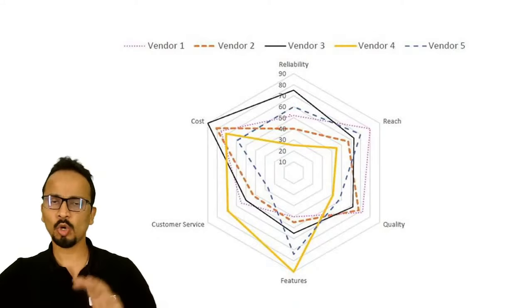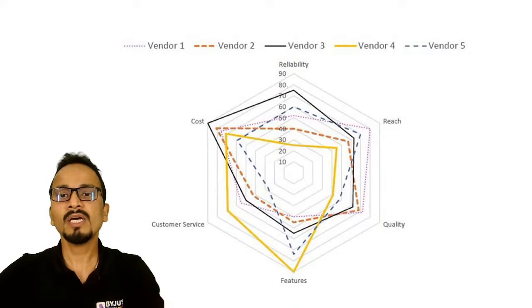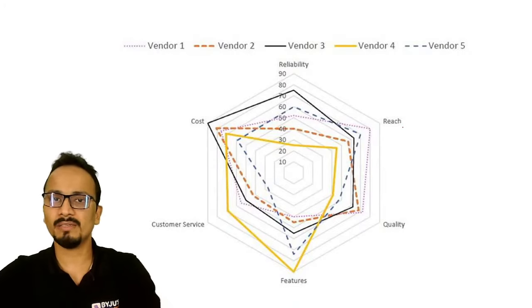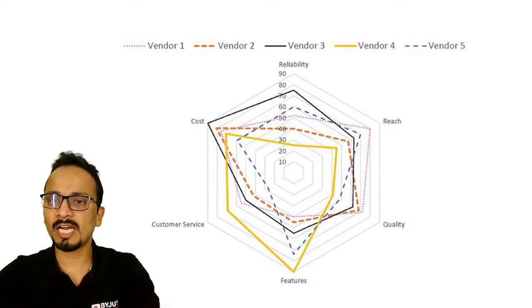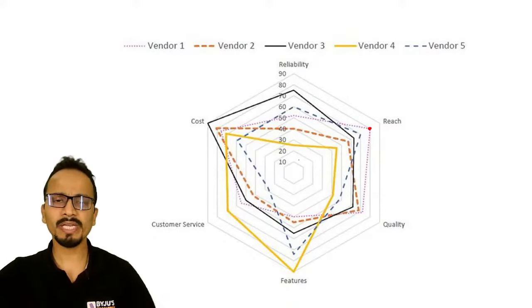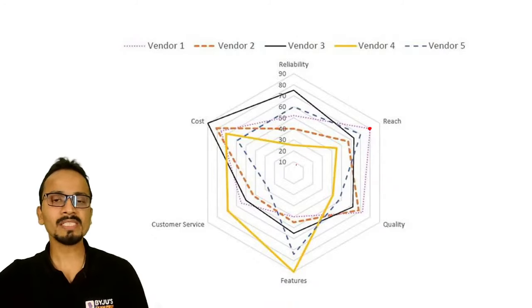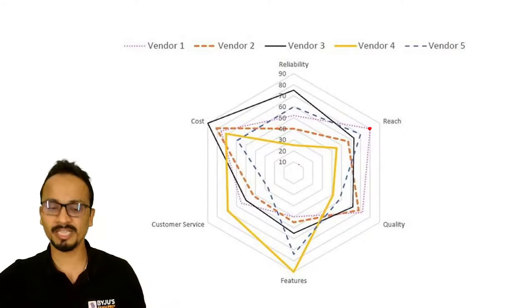All right. So for example, if I am looking for the value of vendor 1 on reach, vendor 1 is the purple dotted line and reach is this axis. So this value comes to this point. I have marked it with the red color. Now how to read these values? You can see different concentric hexagons which are drawn in this case.